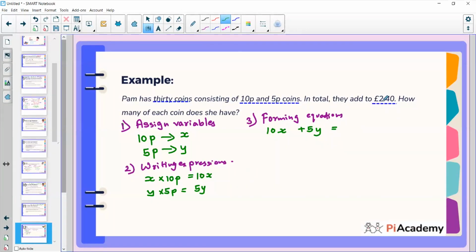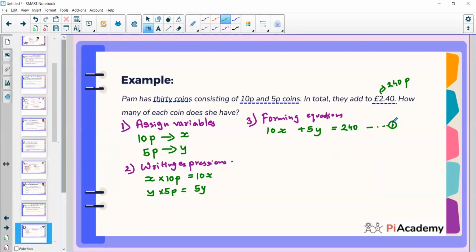This is 2.40, isn't it? But this is in pounds. Our equation is in pence. So we would convert this into pence, which is 240. So first equation is 10x plus 5y makes 240 pence. I won't be writing 2.4, that would make my calculations incorrect, because here I am dealing with pence. So my equation should also be dealing with pence itself. Okay, now this is one equation.